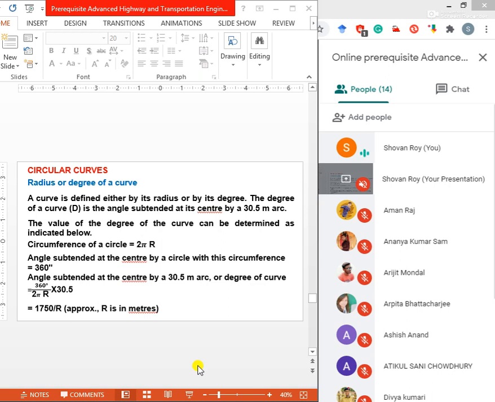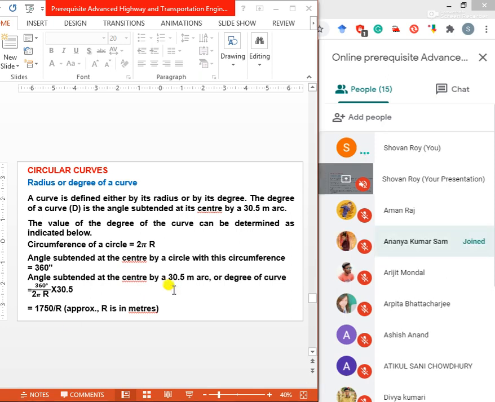So if I have any arc length of a circle, I can easily calculate the subtended angle of that arc. The formula is 1750 by r, and the r value is in meters.